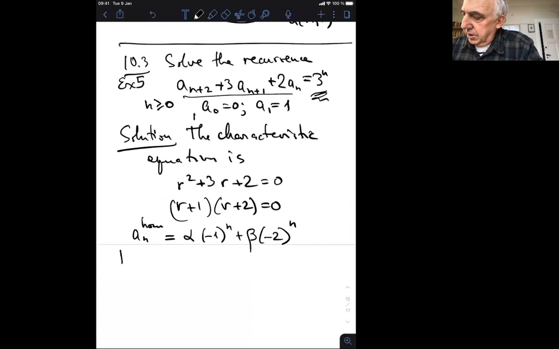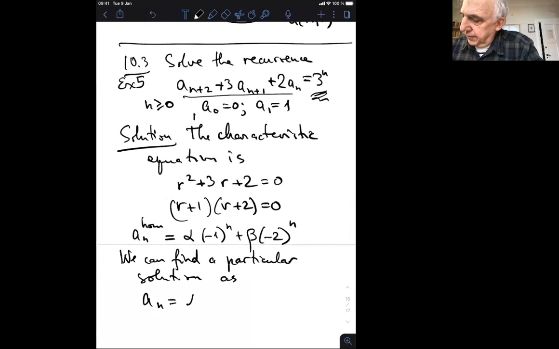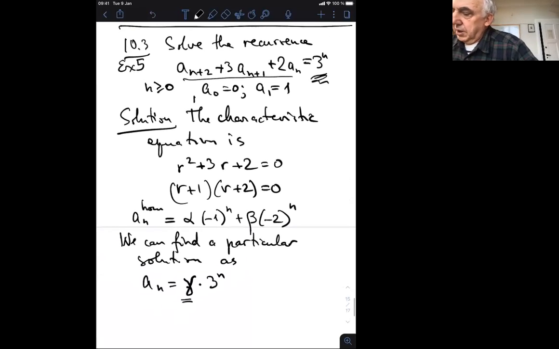So we can find a particular solution as a_n is some coefficient, let's say gamma, times 3 to the power n. So we'll be looking for gamma.